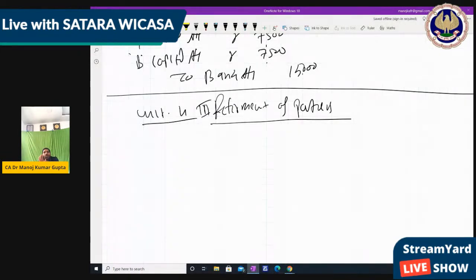In this case, we have to do the same thing as we do in the case of admission. That is, we have to prepare the revaluation account, the partners' capital accounts, and the balance sheet as well.